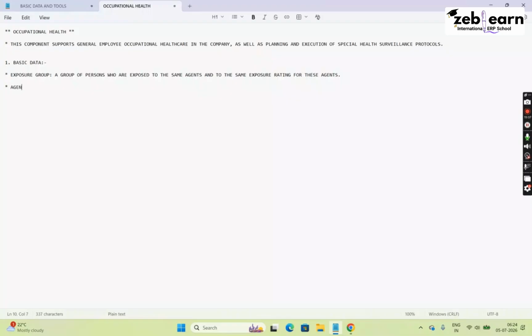Now let's try to understand what an agent is. Already you know what an agent is, but still SAP has given a definition for this agent.